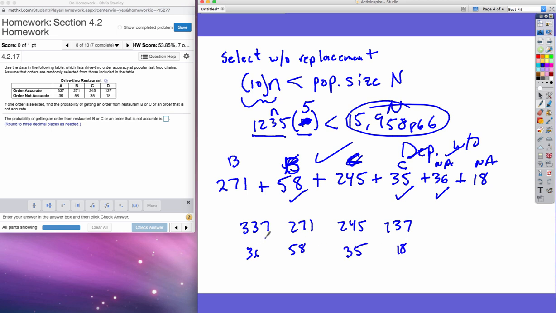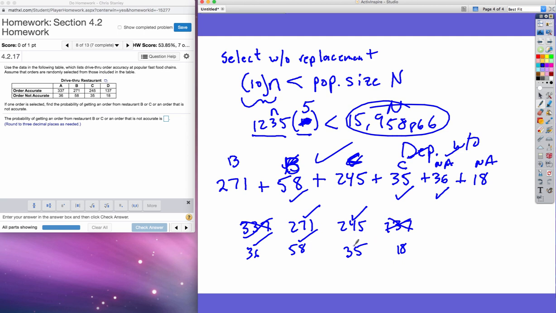They have to be B or C or not accurate. See, the 337 is one of those 3 things I said. That's B. That's C. 137 doesn't count because that's not one of the 3 things I said. It has to be B, C, or not accurate. Okay, how about the 36? Yep, not accurate. How about the 58? That's B and not accurate. How about 35?